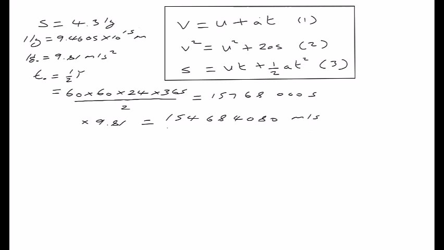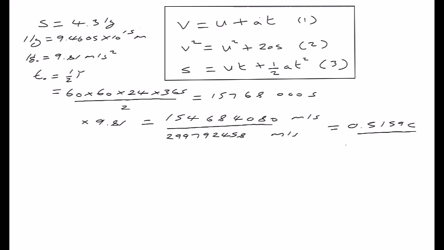And then if we divide that by the speed of light, 299,792,458 meters per second, we get a value of 0.5159 c, so just over 50% the speed of light.